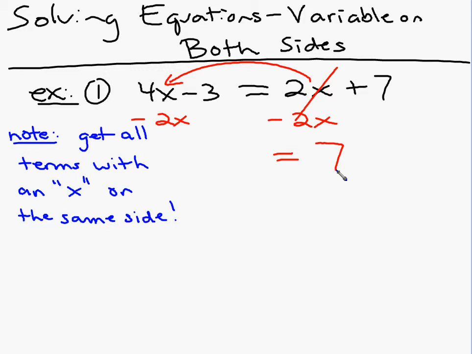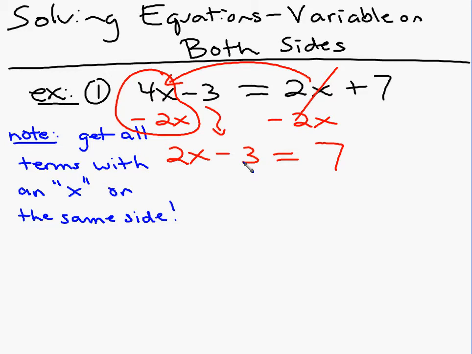On the left side, I need to combine these like terms. 4x minus 2x is 2x. But I still have this minus 3. That is the most important new step to this equation, because everything from there on out we've done before. Okay?